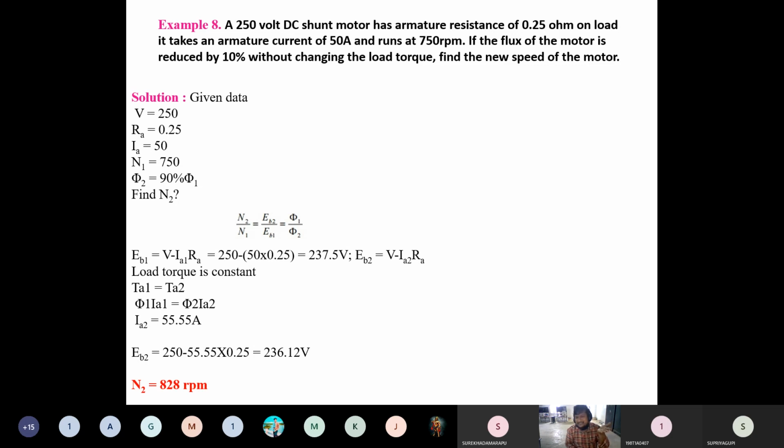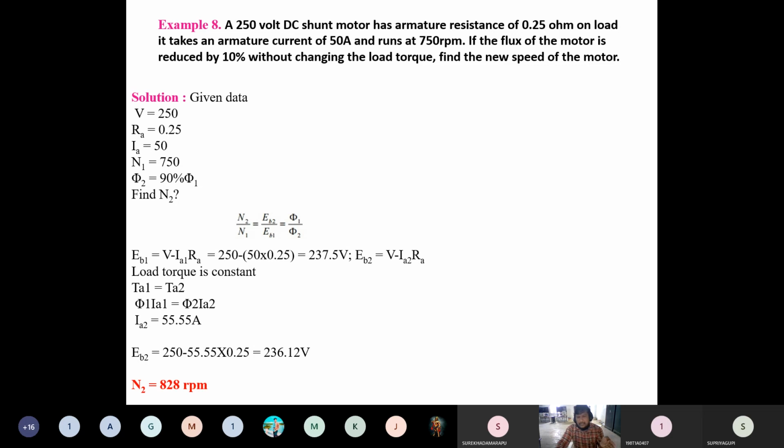When armature current increases, automatically speed also increases. Why? Because back EMF changes. So EB2 is equal to V minus Ia2 Ra, V 250, Ia2 55.55 into Ra 0.25, that is equal to 236.12.